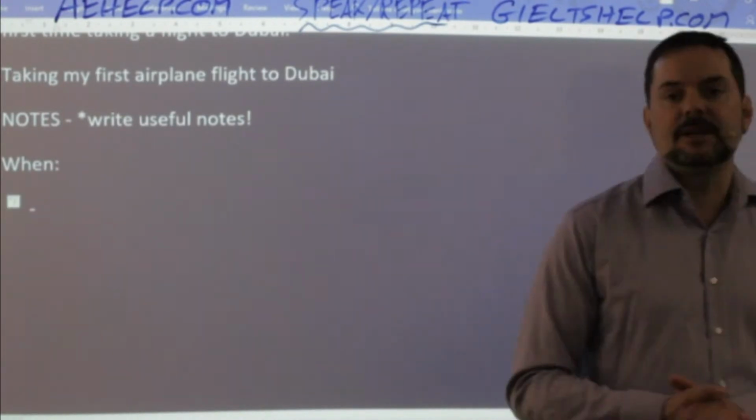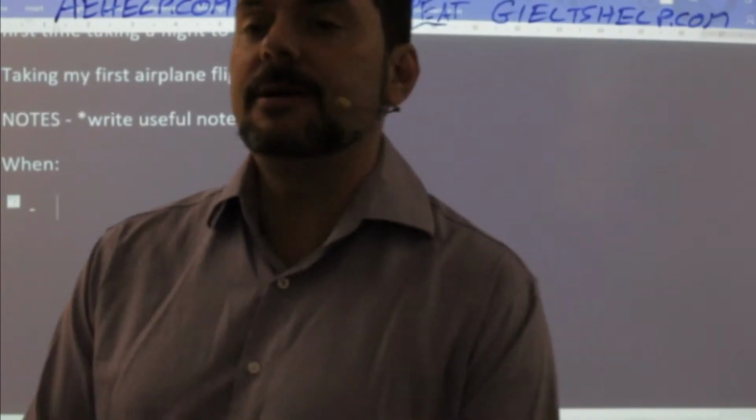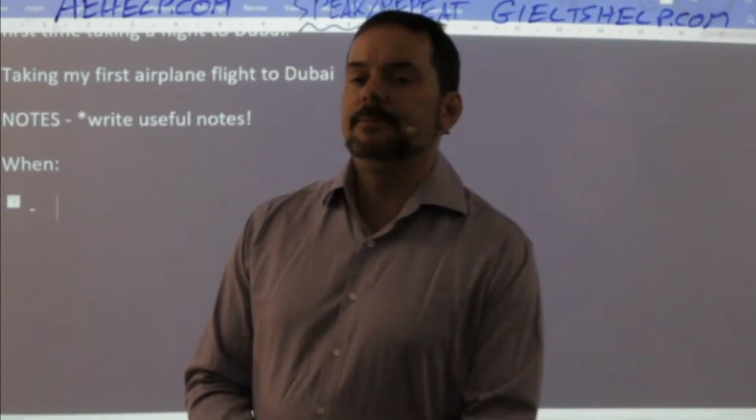For notes, make sure that you write usable notes, okay? So write useful notes. Don't write taking my first flight to Dubai. So first think about the when, okay? And give some specific information. So when did you fly to Dubai? Okay? Give me a time, all right?